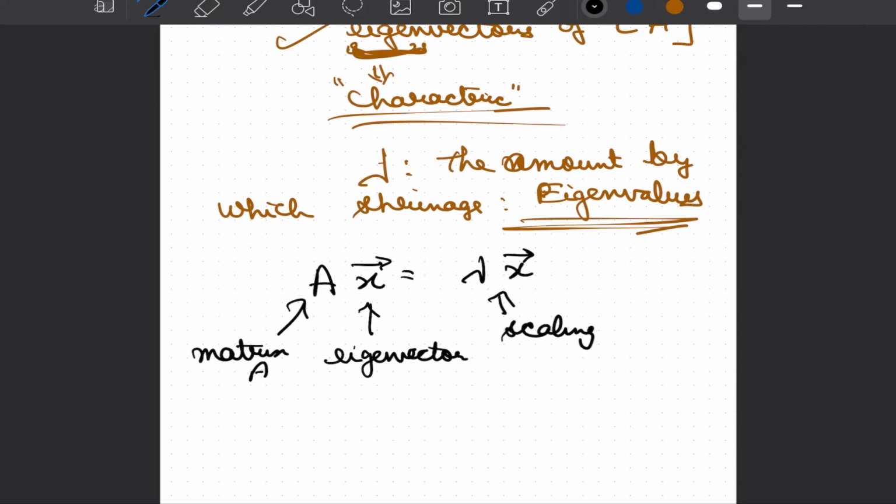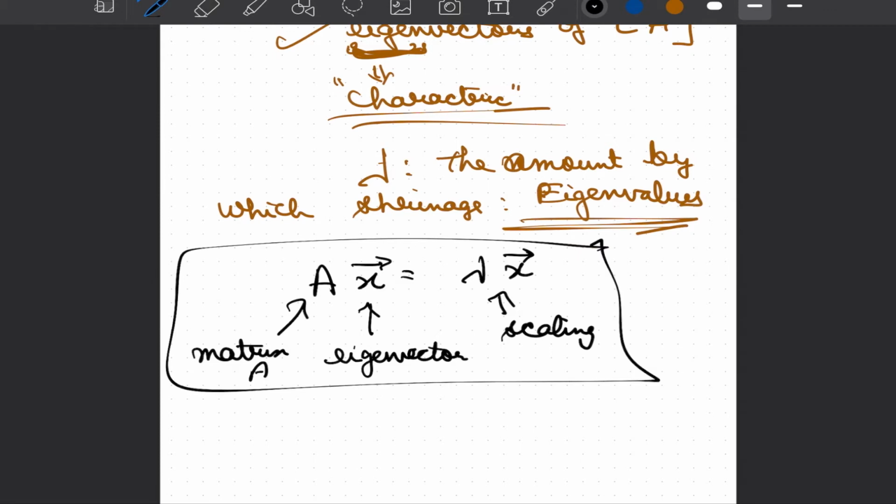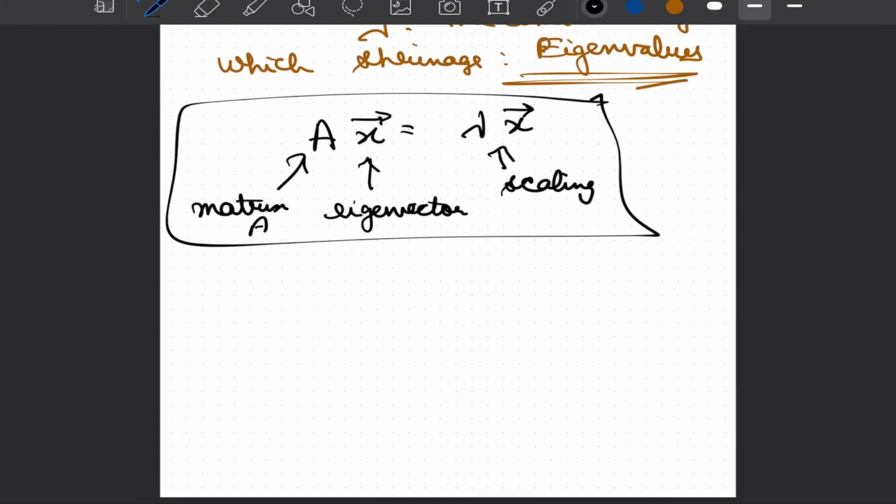The reason I am emphasizing this time and again is that when we go to singular value decomposition or principal component analysis, this concept is going to be very helpful, that is, what scaling and non-rotation mean in the context of transformations or eigenvalue decompositions.